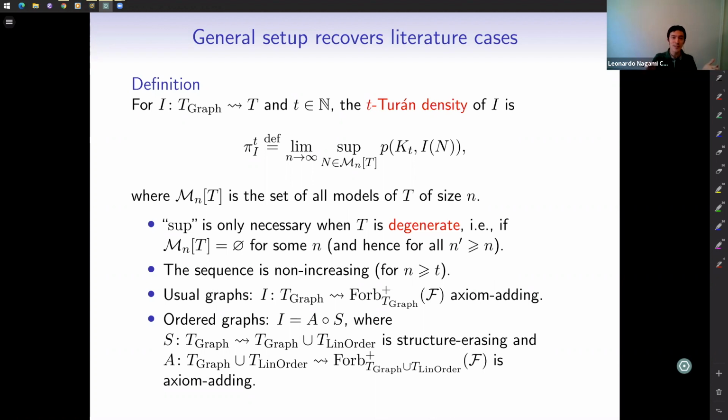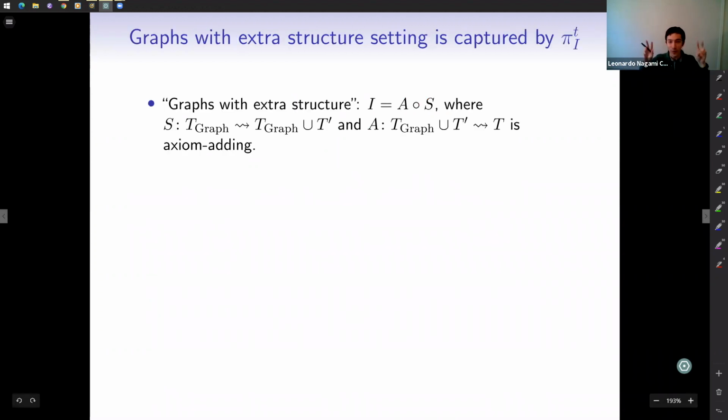And you can see that it was also capturing the problem for cyclically ordered graphs, because all you have to do is replace this with cyclic order. Or more generally, this is capturing the setup for graphs with extra structure that I promised you. So suppose that I is the composition of two interpretations. The first is a structure-raising interpretation that says graphs can be interpreted into graphs union some extra structure, this P prime, or whatever that is.